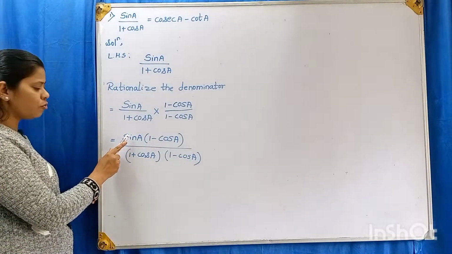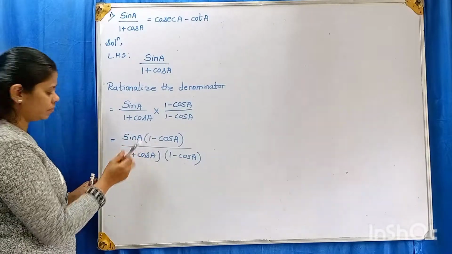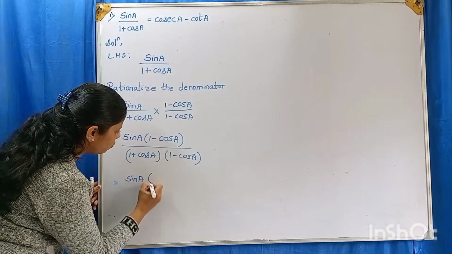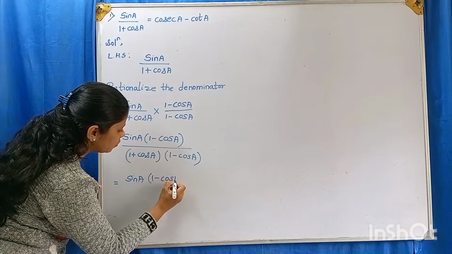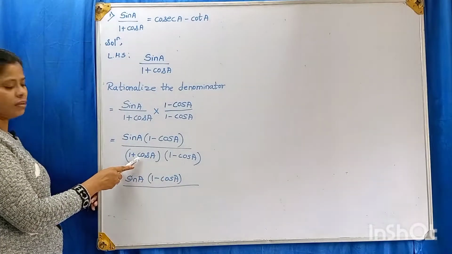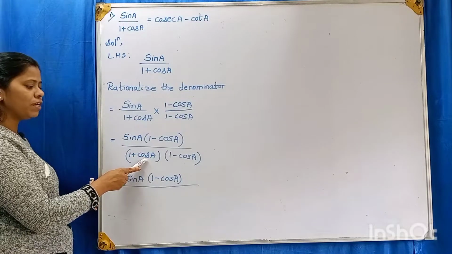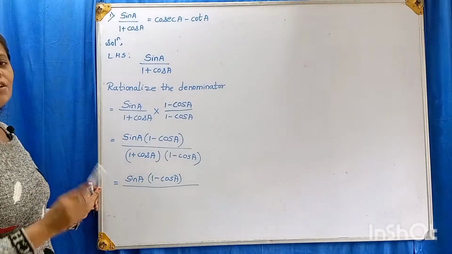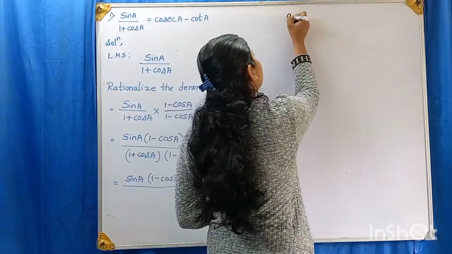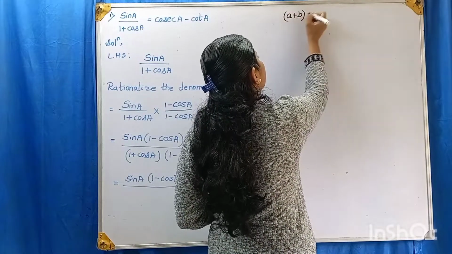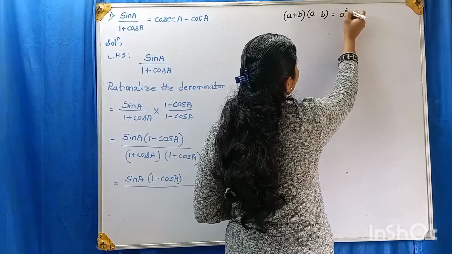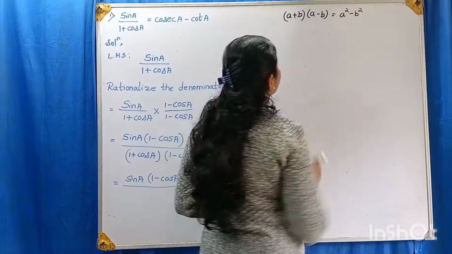Now let me write the numerator as it is. This one is equal to sin A into 1 minus cos A divided by, observe this, it is in the form of A plus B into A minus B, right? So we can apply the formula, A plus B into A minus B is equal to A square minus B square.